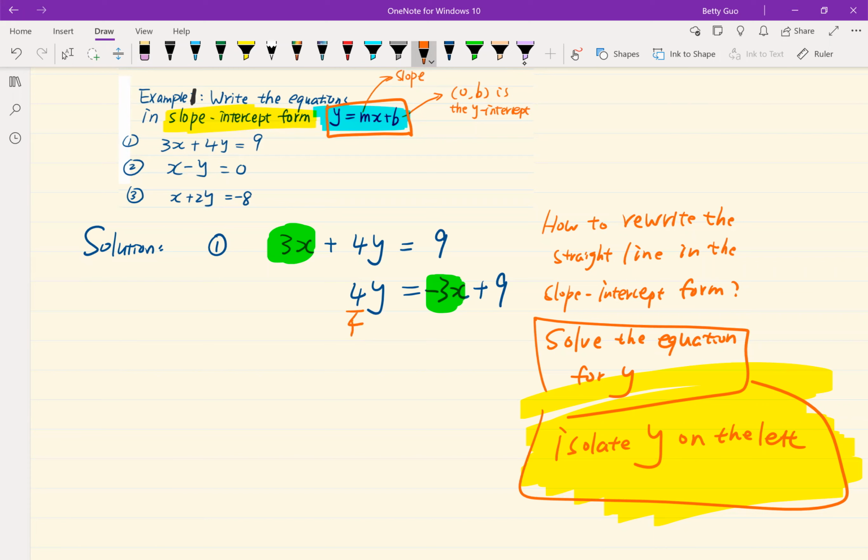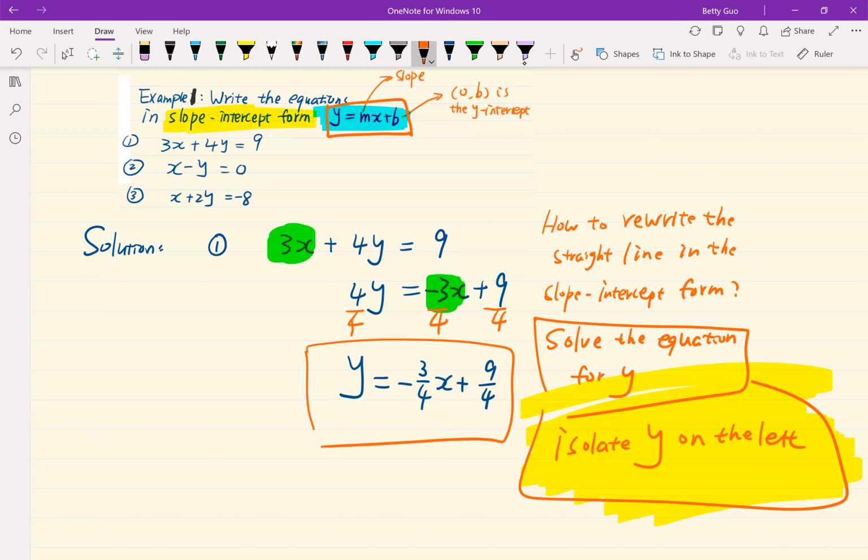Divide this by 4, divide this by 4, divide this by 4. We have 3 terms in total, so we are dividing all 3 terms by 4. 4 over 4, 1. So we have a y isolated. On the right, we have negative 3 over 4 x plus 9 over 4. And that is the equation of the line in the slope-intercept form.